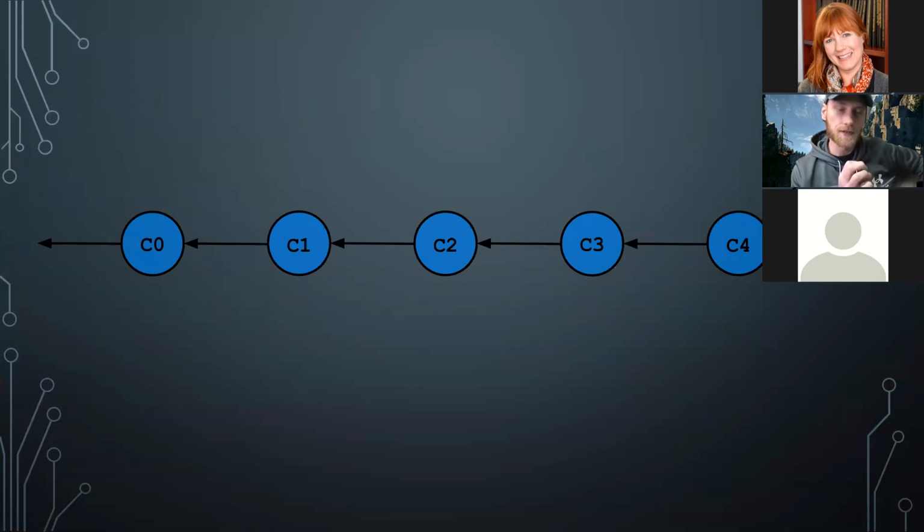The second commit, C1, is the second time I committed, so that's the second version of the files, and it goes all the way up to the most recent one, which is C4. The most recent version of your files is also sometimes called the head, so the head commit. Master here just denotes that this is the master branch.